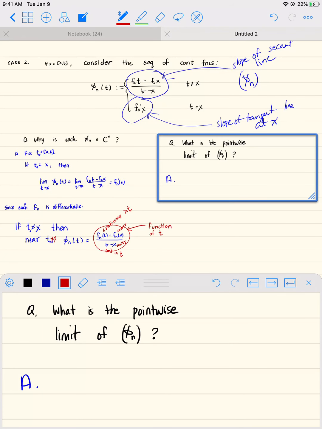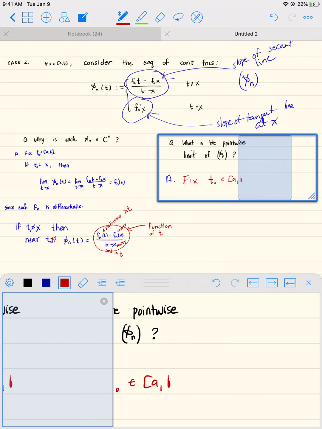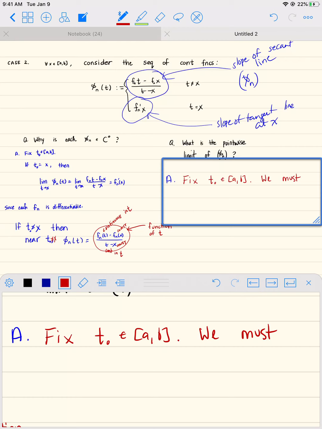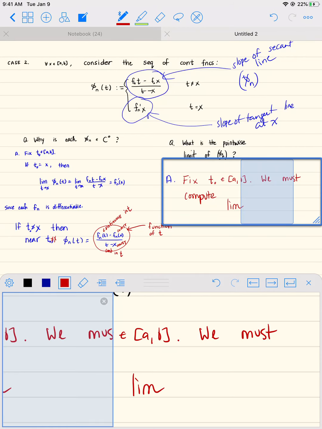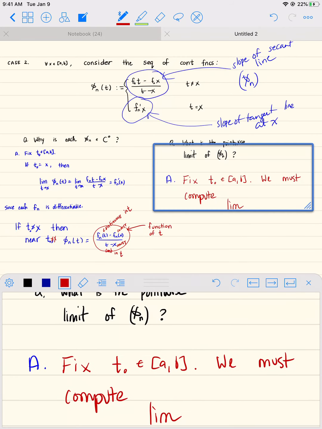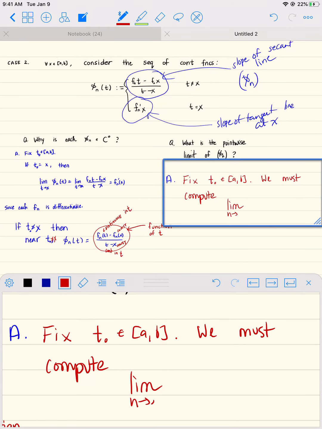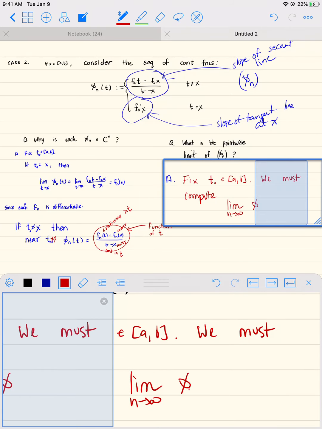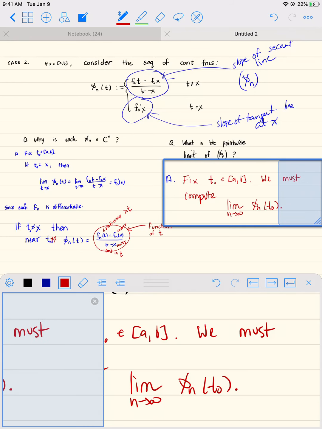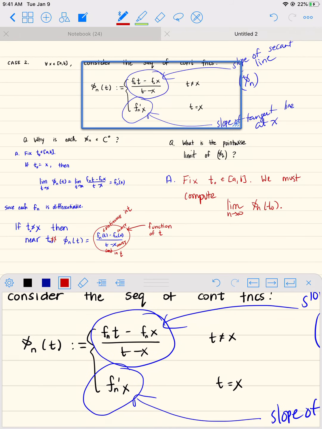What is the pointwise limit of phi sub n? Well, what do we need to do? We just need to say fix t naught in [a, b]. We need to compute the limit as n goes to infinity of phi sub n of t naught. Now, here's our phi sub n.